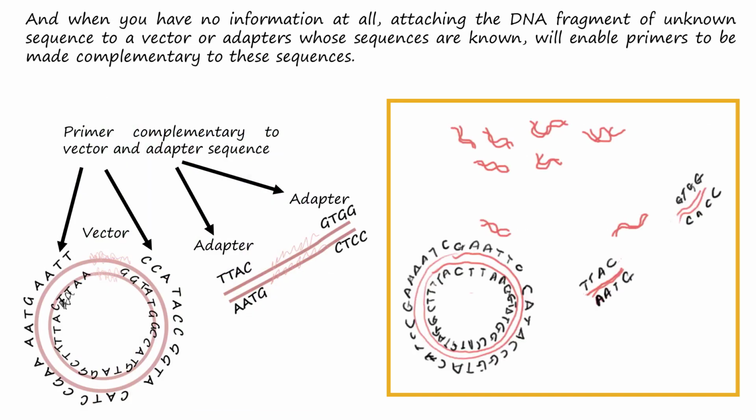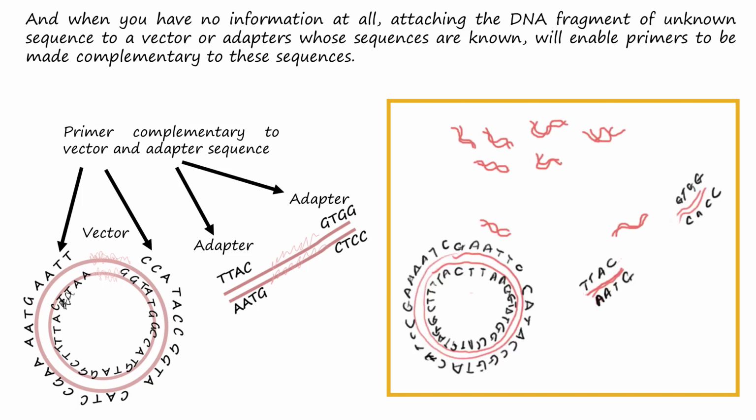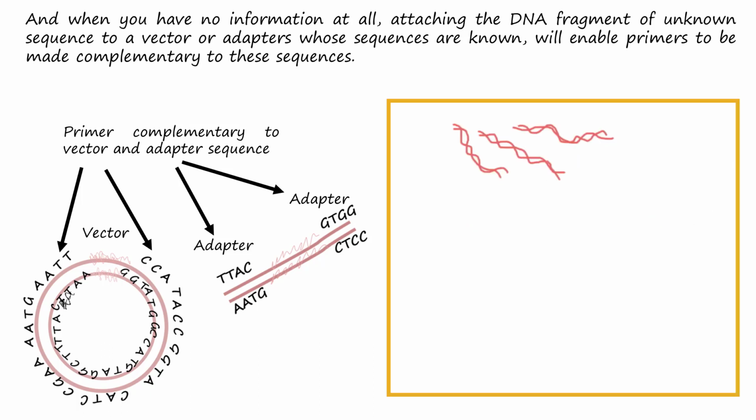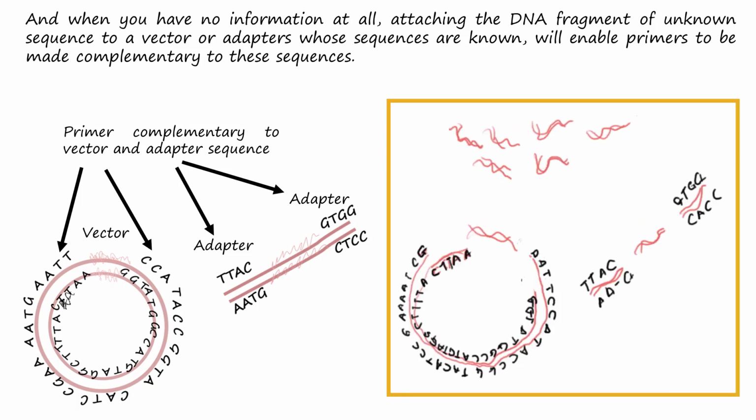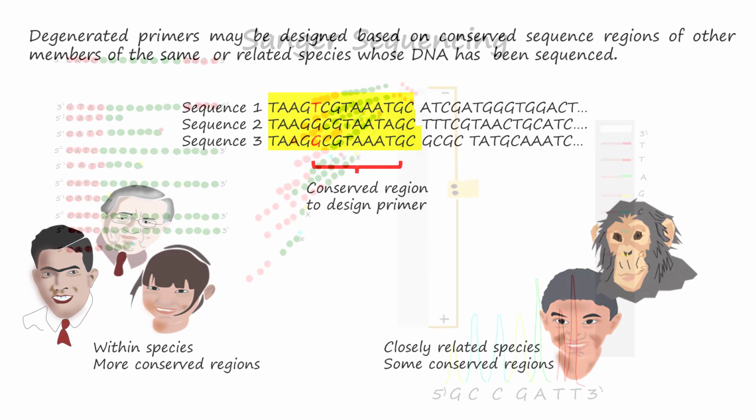Otherwise, the unsequenced DNA fragment could be attached to a vector or adapters whose sequences are known, enabling primers to be designed. And if the fragment to be sequenced is from a previously sequenced species or previously sequenced related species, the conserved sequence regions can be used to design primers or a series of degenerate primers.